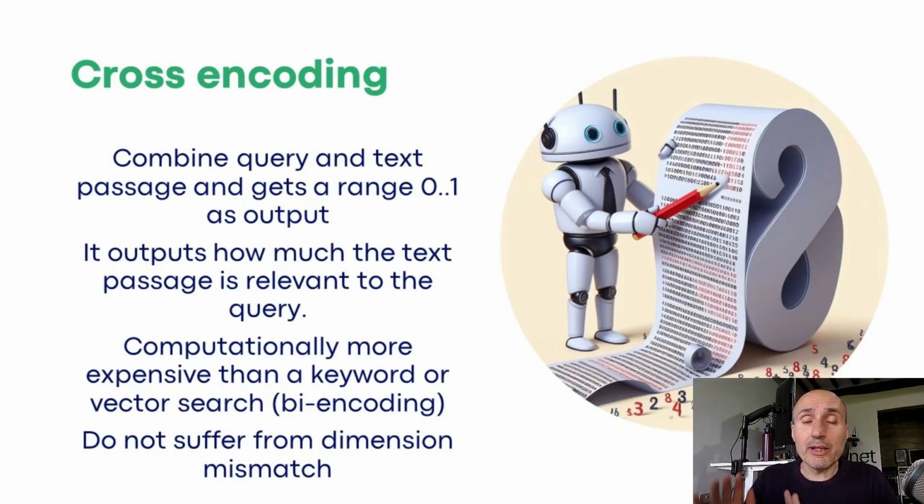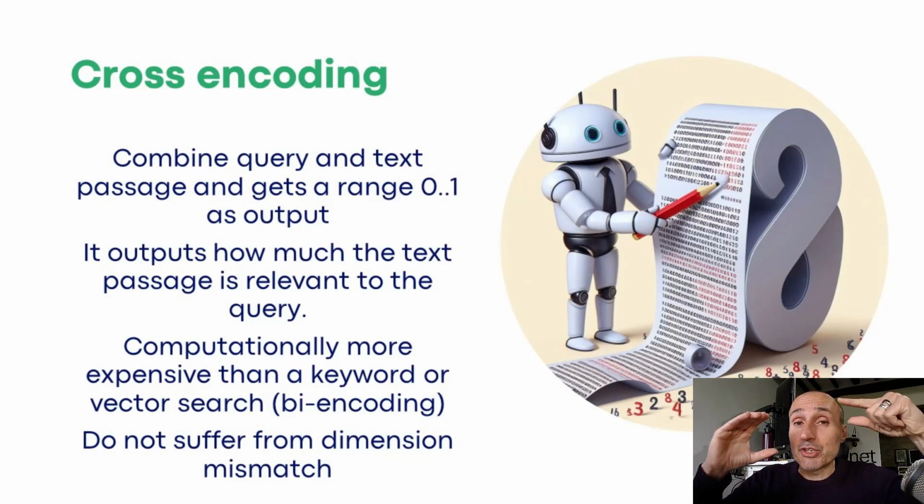The cross-encoding is computationally more expensive because if I'm returning 100 results with different techniques from my database, I need to call this neural network 100 times, each time with the question and a different piece of text. Usually the API allows you to pass an array of documents, but internally it needs to run this neural network for all the passages you have.